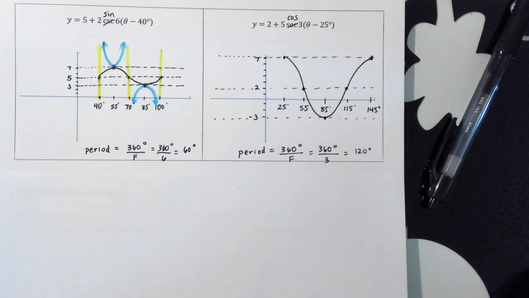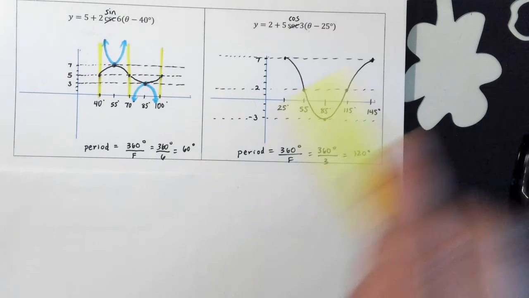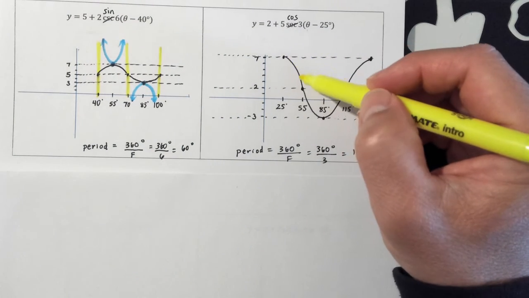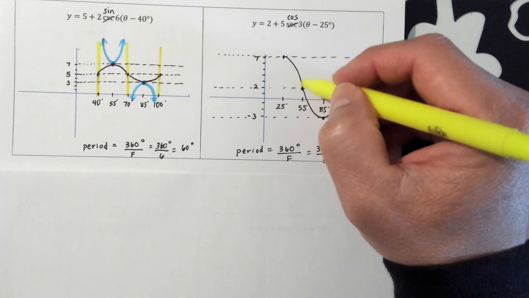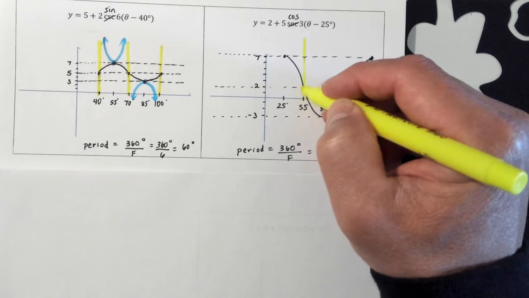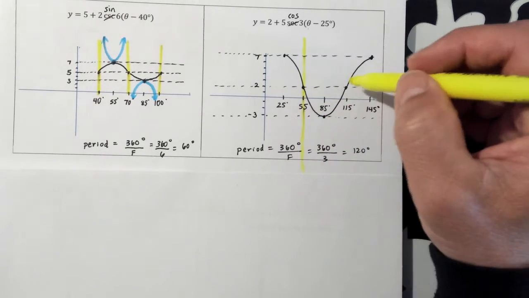The vertical asymptotes occur when the parent function crosses the middle of the road right there. And right there.